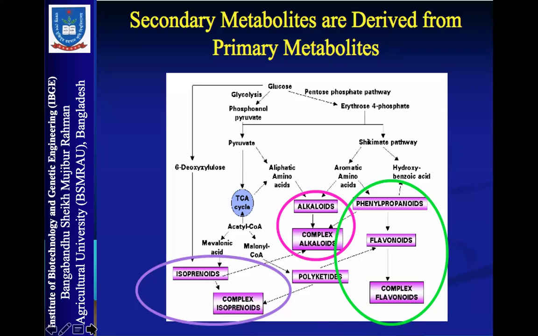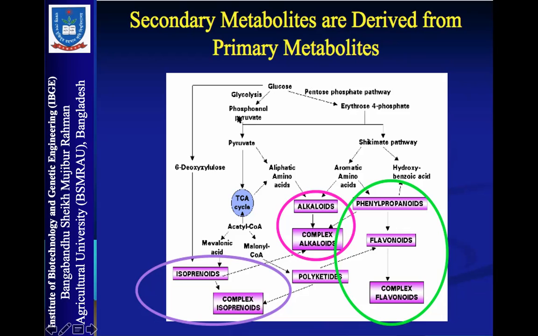And glyceraldehyde 3-phosphate is used to synthesize glucose and many other amino acids, all other organic compounds in the cell. So primary metabolism, you know how it is happening, and glucose is the central part.